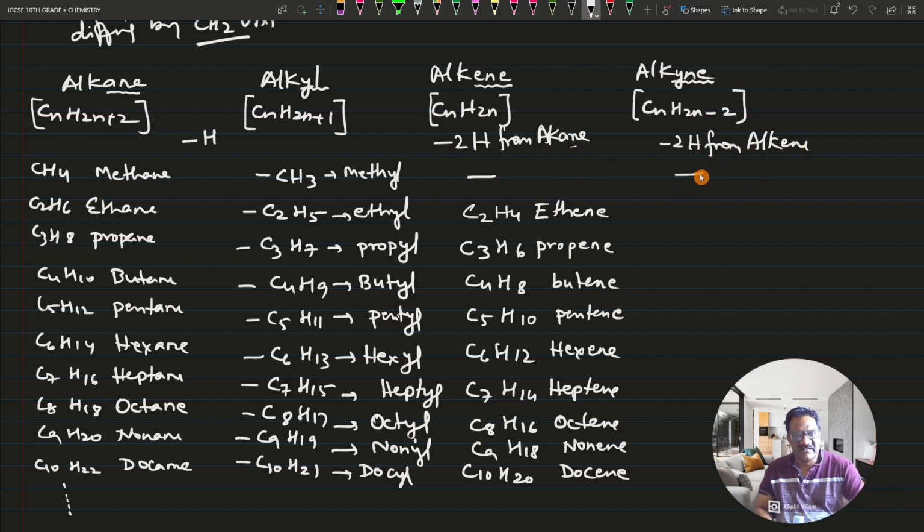Again, here you won't get anything because you don't have any alkene itself. Now from C2H4, this is ethene. From this, if you remove 2 hydrogen, it will become C2H2. This will become C3H4.